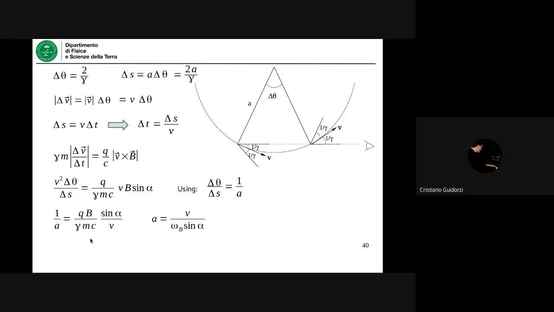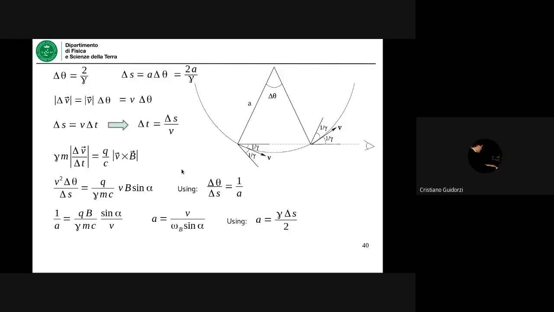So if you take the reciprocal of both sides, here you have 1 over A, so it becomes A, and here you have gamma mc over QB, which is 1 over omega B. And here you have to work out the same. So now we have the curvature radius as a function of the velocity and the gyration frequency, and also of the pitch angle.